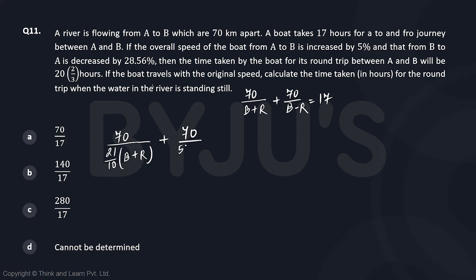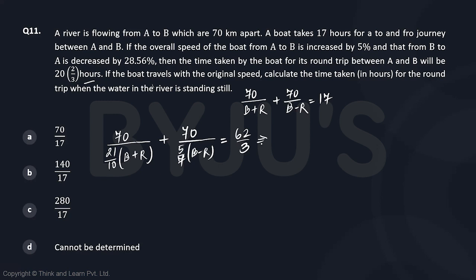So a 2 by 7 decrease will become 5 by 7 (B minus R). And this is given as 22 by 3 hours, which is 20 into 3 plus 2, 62 by 3 hours. Two variables and two equations, so we need to solve this.